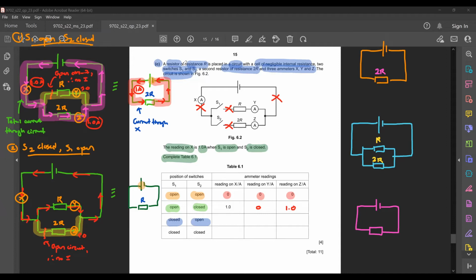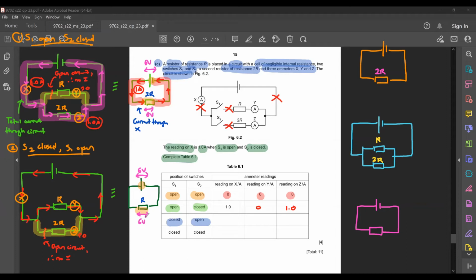That will mean that the PD across each of these resistors would be the same. What I mean by that is, if I were to give you some values for your EMF, if the EMF across the cell was 6 volts here, the PD across your resistor will be 6 volts too. Similarly for this one, if the EMF across the cell is 6 volts, the PD across this resistor will be 6 volts too. This is in accordance to Kirchhoff's second law.